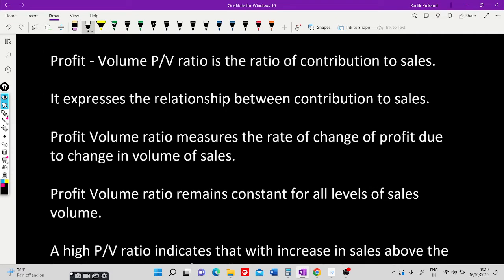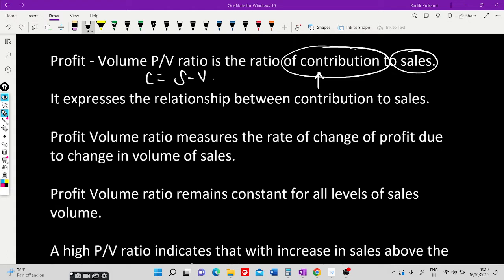So PV ratio is the ratio of contribution to sales. We get contribution after reducing variable cost from sales. So contribution is equal to sales minus variable cost. And PV ratio is the ratio of contribution to sales.